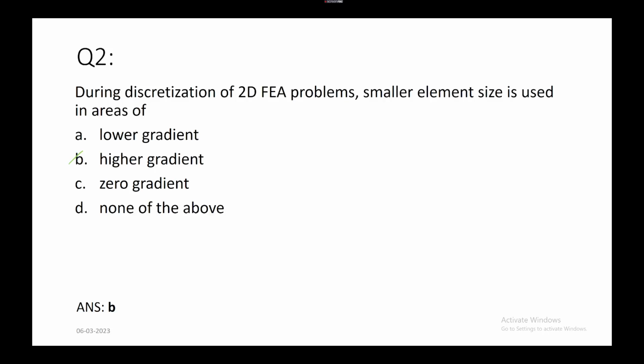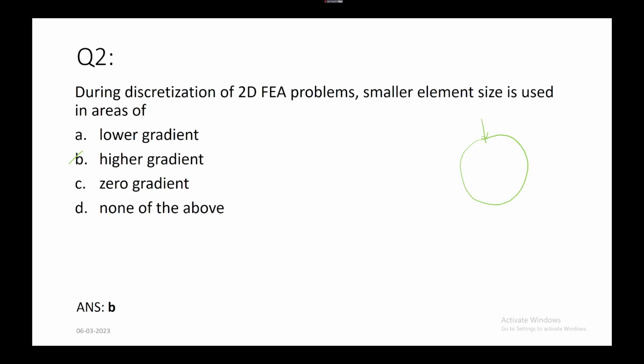So generally, if we have a domain like this and you are applying a point load, theoretically speaking, you know that stress is defined at a point as the force per unit area.